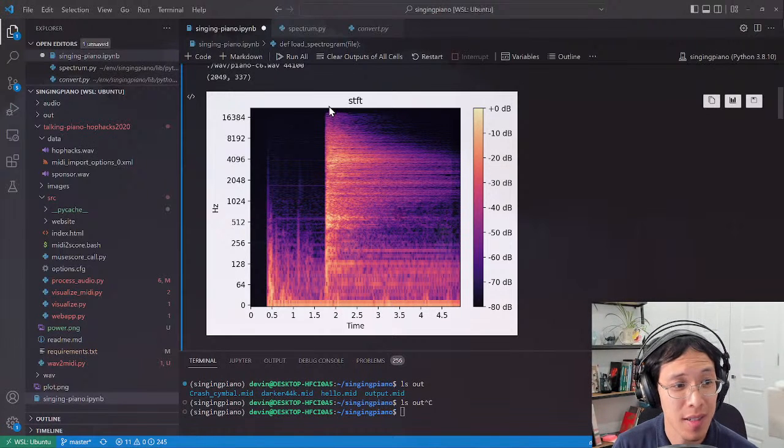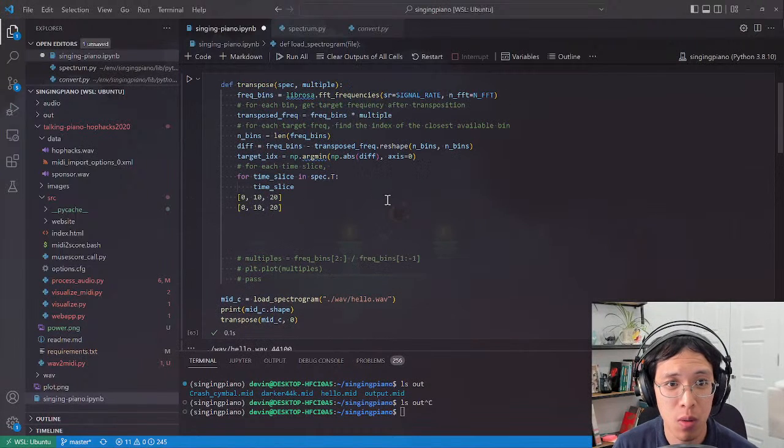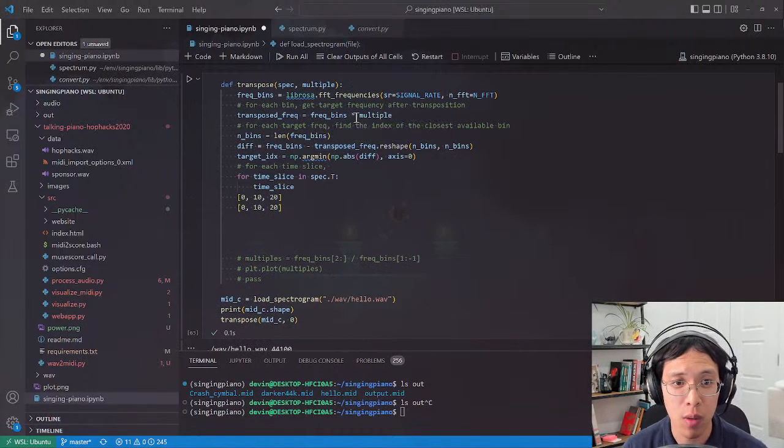That would not sound good. And similarly, if we're trying to push this lower, we don't want those low frequencies to pile up here. We just want them to gracefully disappear. So we might need to implement something extra here, which is if the difference is too large, we're just going to mask out those bins, so those bins do not contribute to the transposed sound. Let's see how we do that.